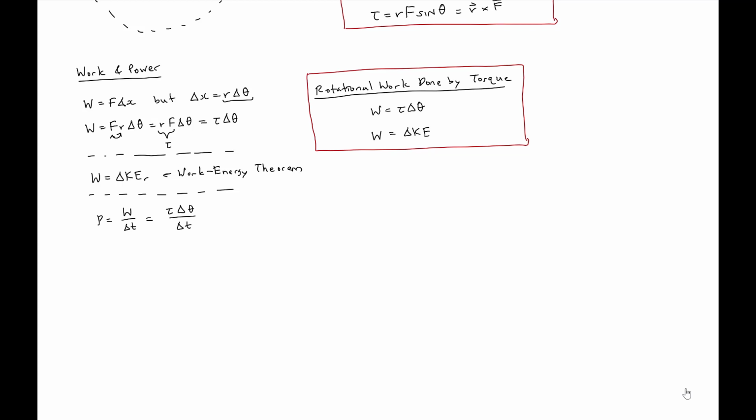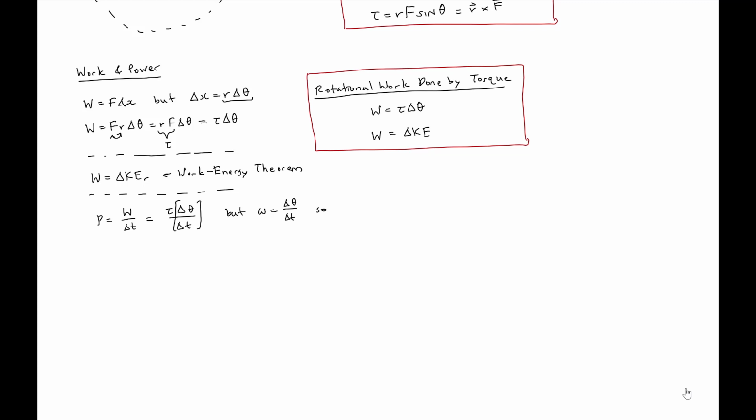The other thing is to look at this part of the expression. Delta theta is displacement, and delta t is time. So displacement over time is equal to velocity, but in this case we have angular velocity. Omega is equal to delta theta over delta t.